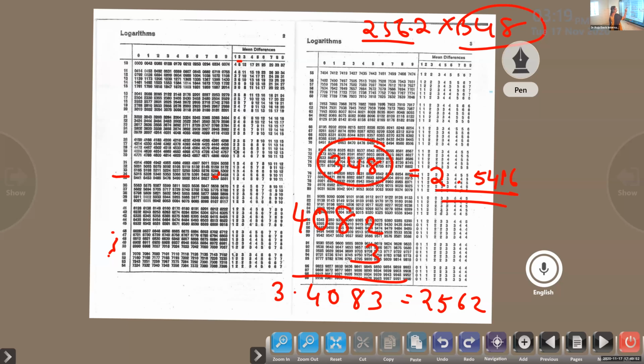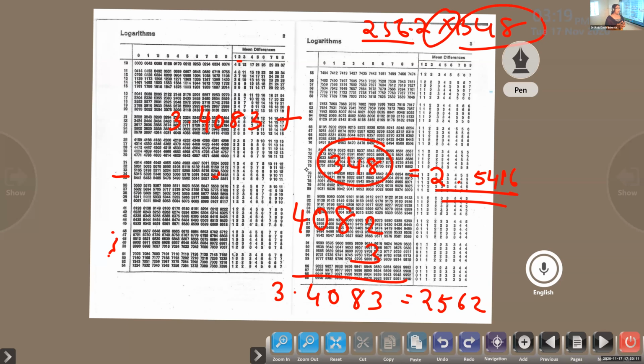That is why in practical work we use logarithm, because we are getting very big numbers. So using logarithm, multiplication becomes addition and division becomes subtraction. That is the transition from using the logarithmic table.